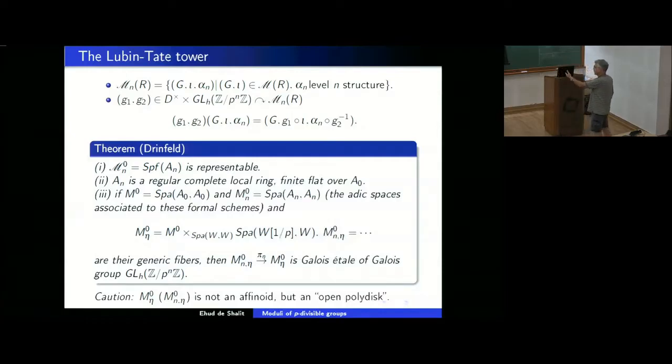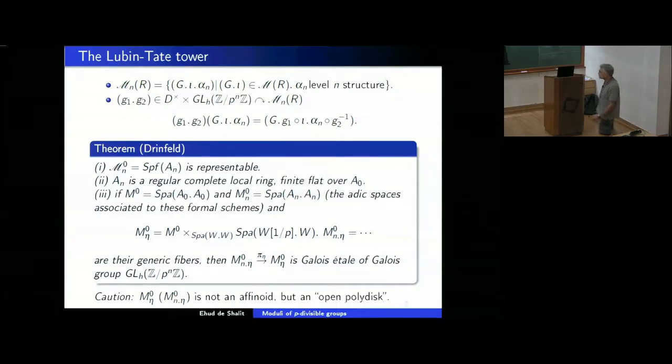And then you want to create something in characteristic 0. Using the machinery of adic spaces that we have started seeing this week, you can make sense of it in the following way. You take the affinoid adic space Spa(A0, A0). We have seen the definition. I do not want to go over it again, but you should have some idea about what this is, and then you take its generic fiber by taking the product over Spa of the Witt vector with itself with Spa of W[1/p].